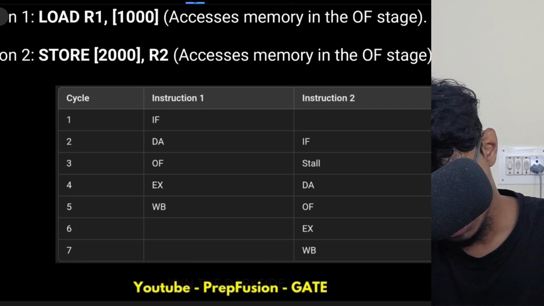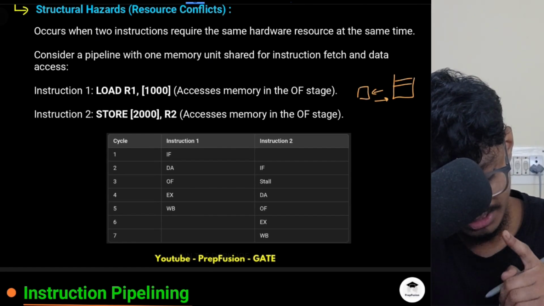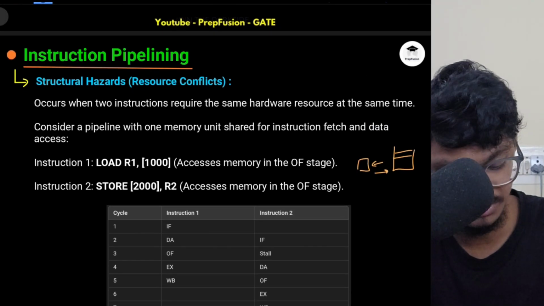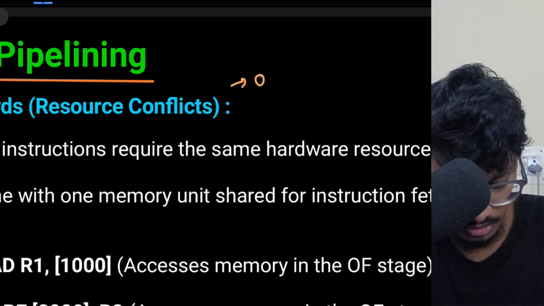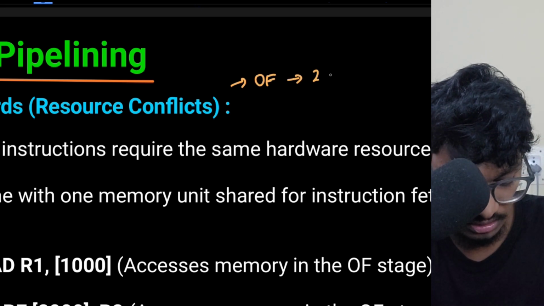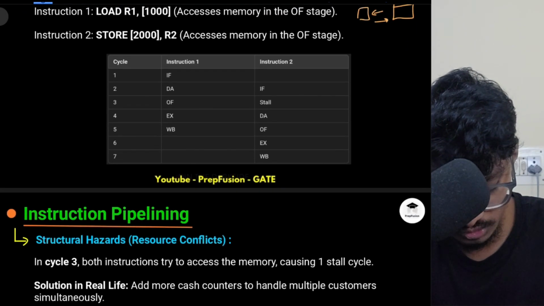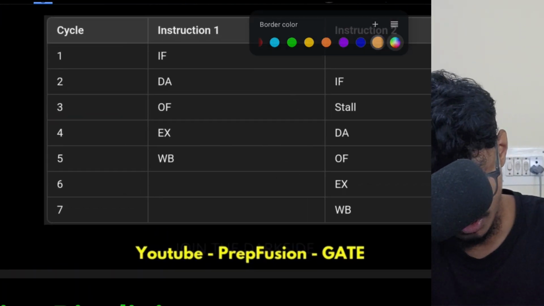One assumption we can take, this is a bit wrong: operand fetch takes 2 cycles. So here it is a standard 5-stage pipeline only, but one of the assumptions is operand fetch takes 2 cycles. So in the third cycle I will do operand fetch, and in the next cycle as well I will do operand fetch.